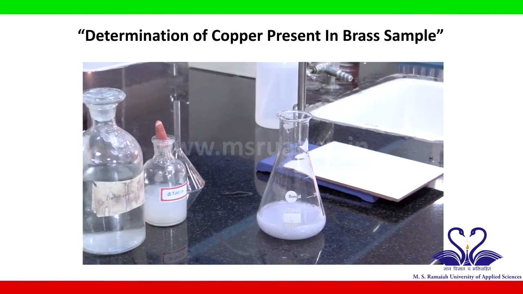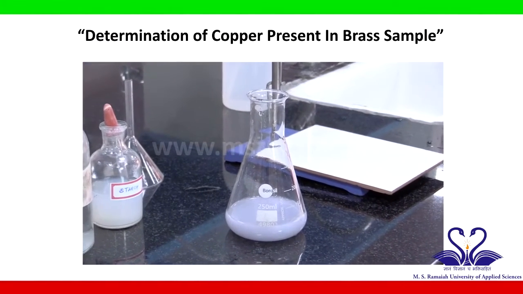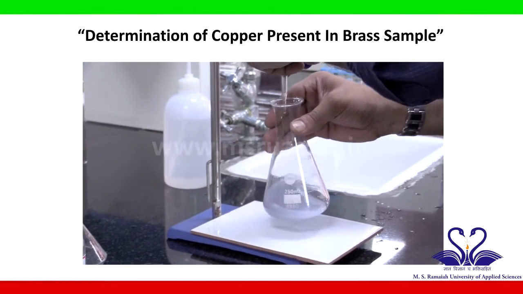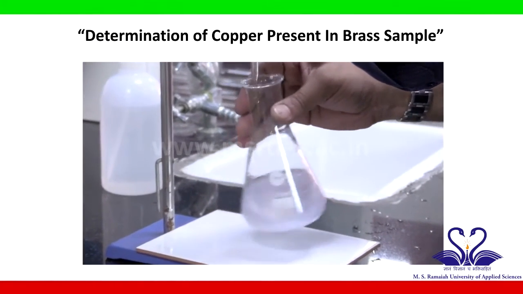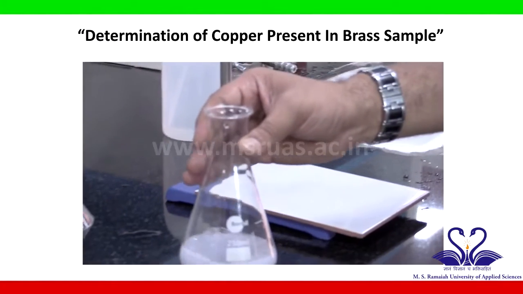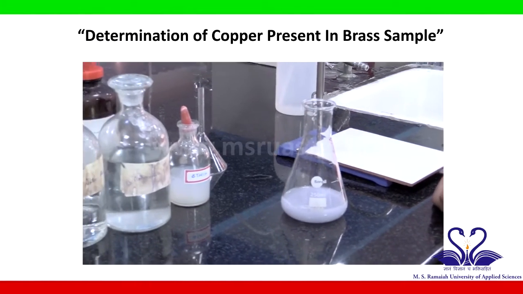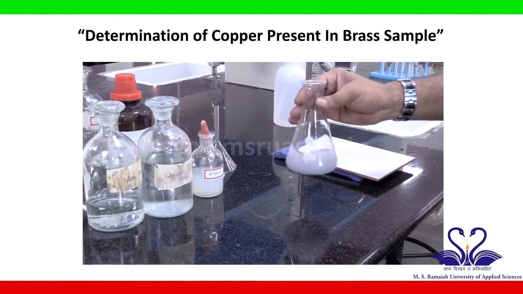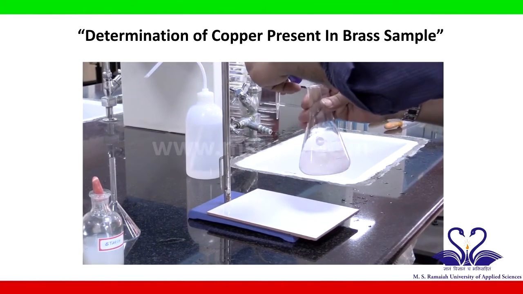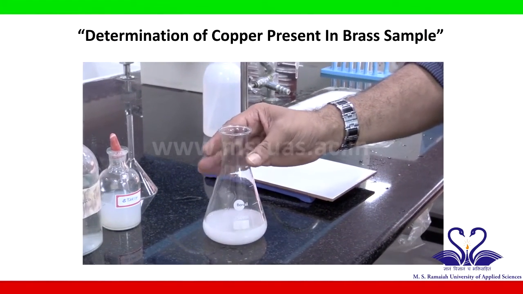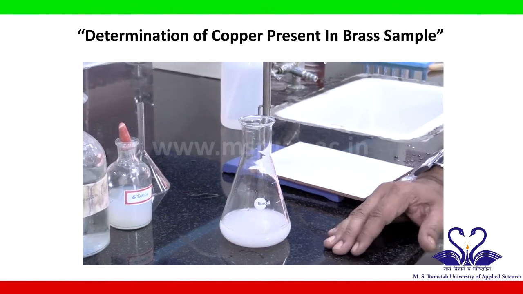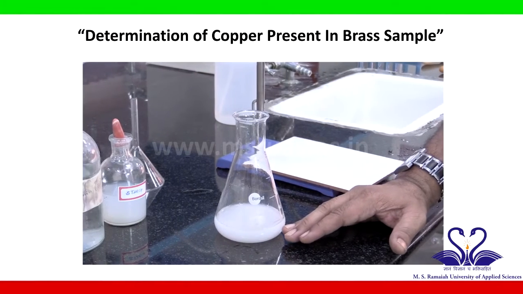If the blue color comes back, then you have to add a little bit more thiosulfate, in a dropwise fashion, 3-4 drops. Still light blue is there, so we can continue the titration. Now it is not turning back to blue color. The white PPT should remain as it is, and the white PPT that remains is Cu2I2.